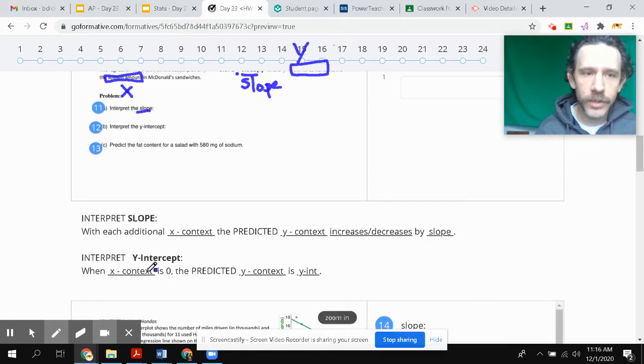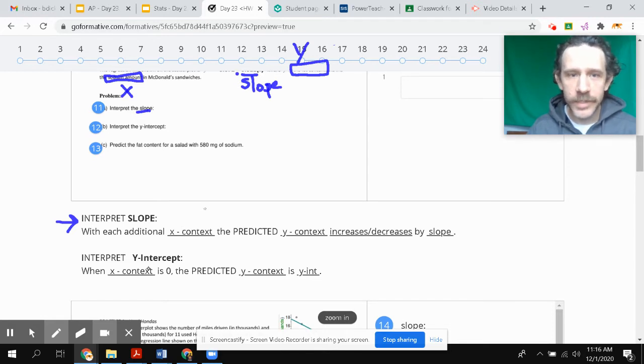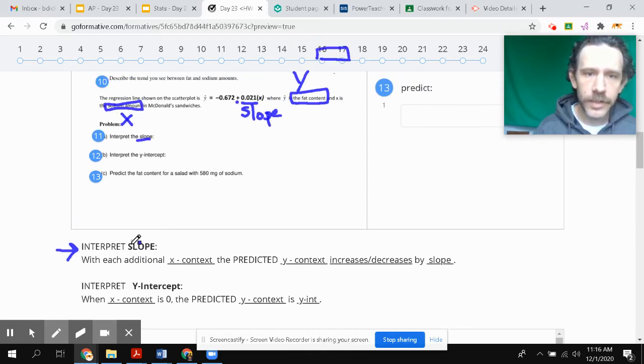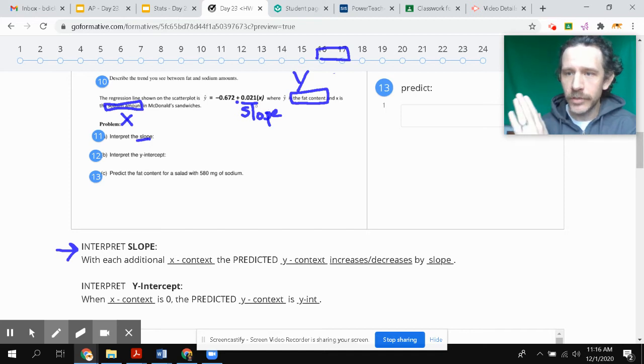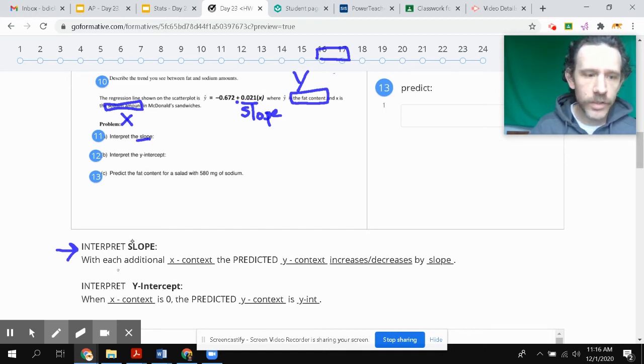This is our framework. If I'm talking about slope, we're going to use this sentence. That number, 0.021, happens for each unit increase on my x. So we want to talk about it for each time x goes up one unit.